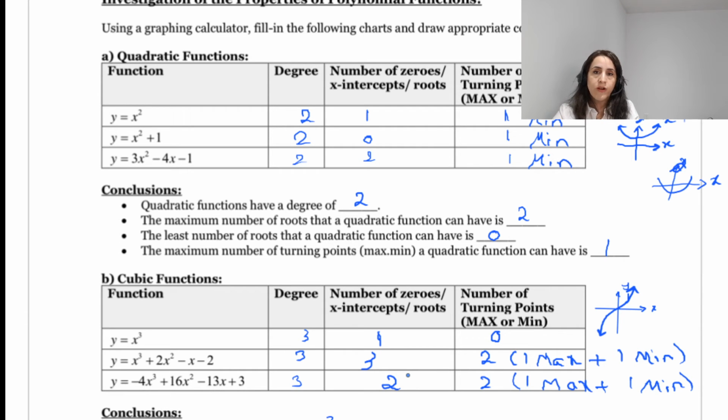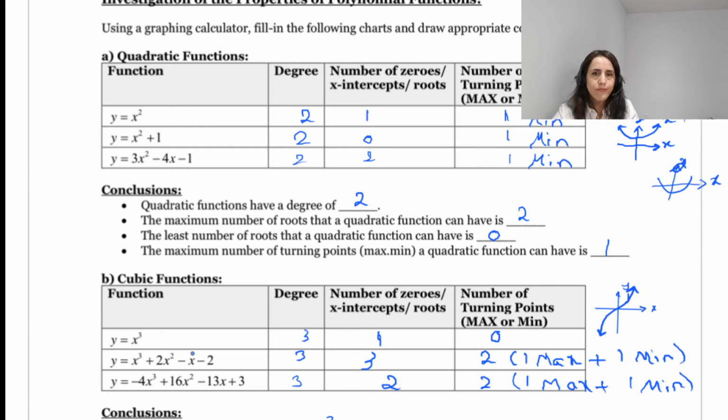If they start from negative infinity, they finish at positive infinity in the y value. To connect these two, for sure they need to pass the x-axis in at least one place. So for an odd degree function, we have at least 1 zero. But the number of zeros cannot be more than 3, or the degree that I have.